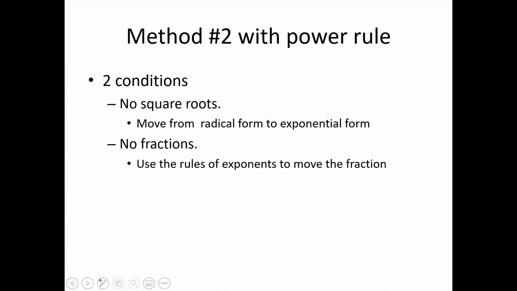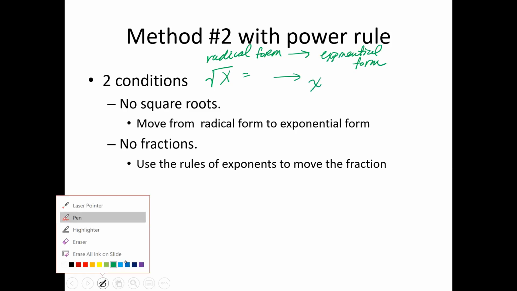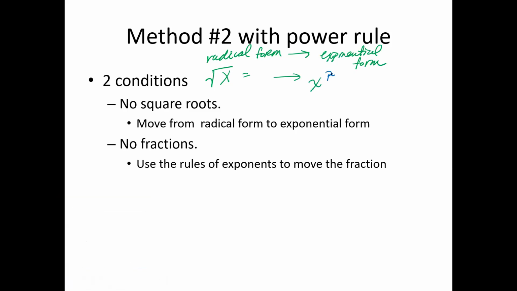Now, with the power rule, there are 2 conditions that you have to meet. There's absolutely no square root, and as a matter of fact, if you have a square root of x, you will have to convert it from radical form to exponential form, which means going back to algebra 2, that will be an x, and remember, it's always power divided by root.